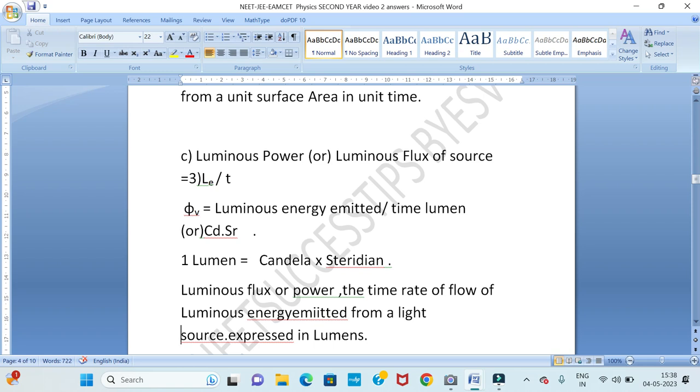The unit of luminous power or luminous flux is the lumen, or candela into steradian. 1 lumen is equal to candela into steradian.